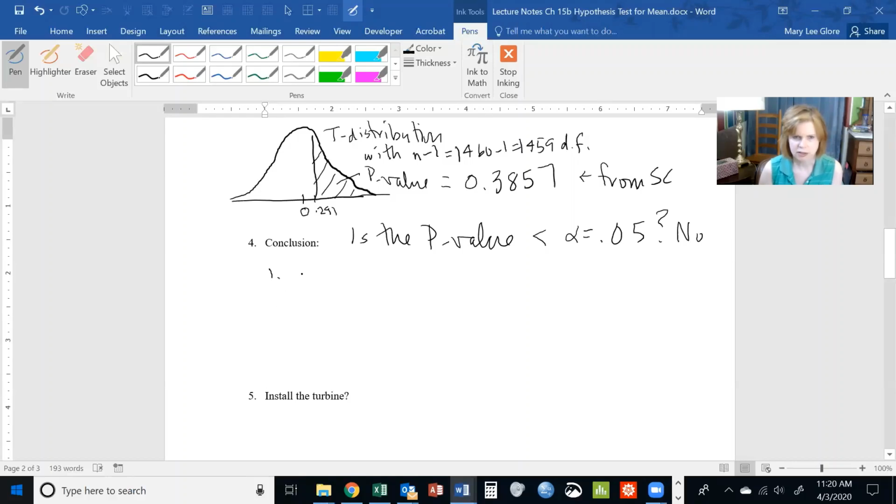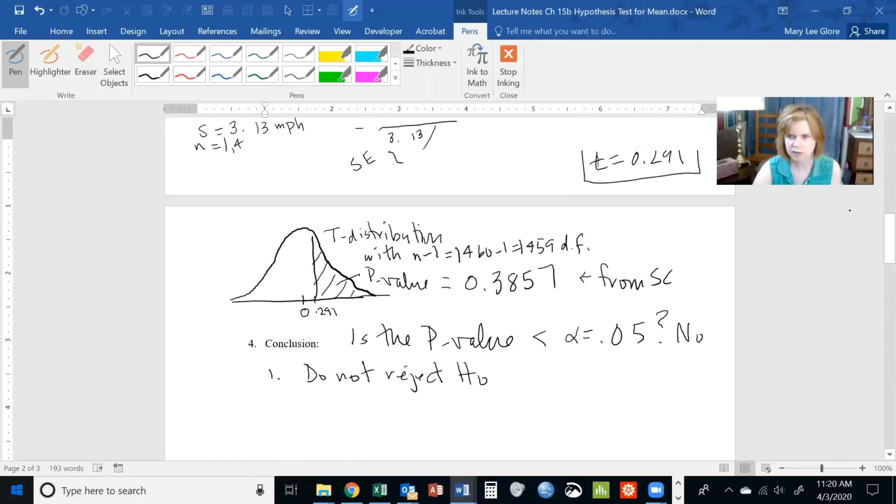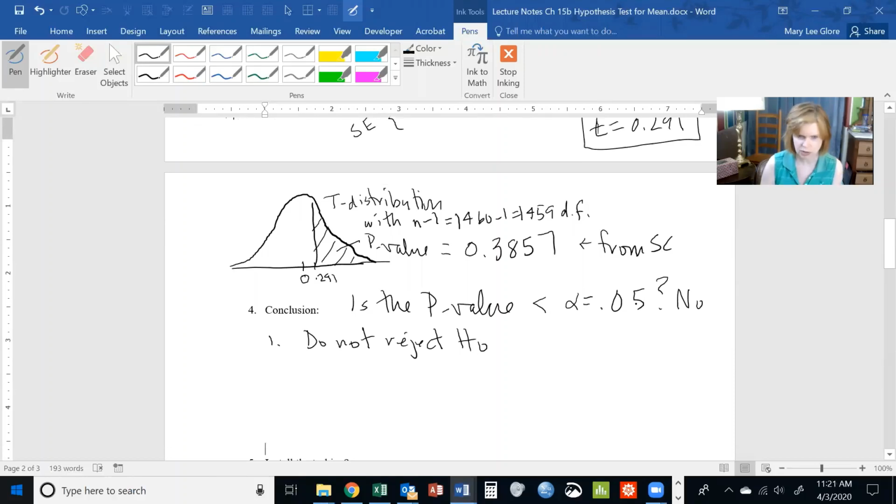The first one I'm going to mention is that we're going to fail to or do not reject the null hypothesis. So what does that mean to not reject? Let me just restate my hypotheses again.